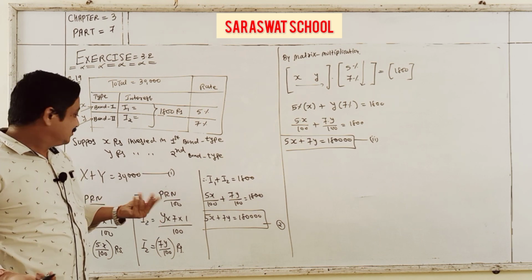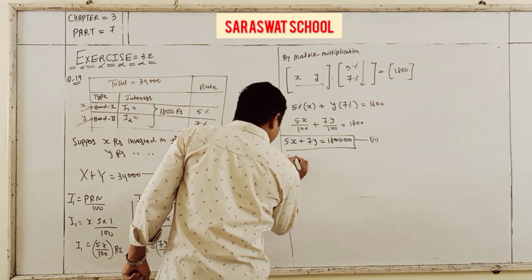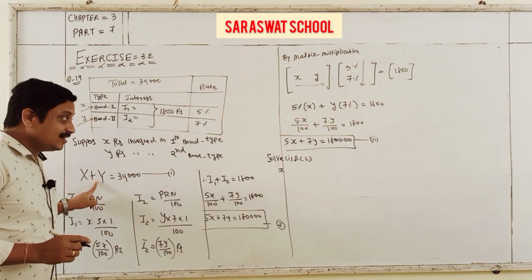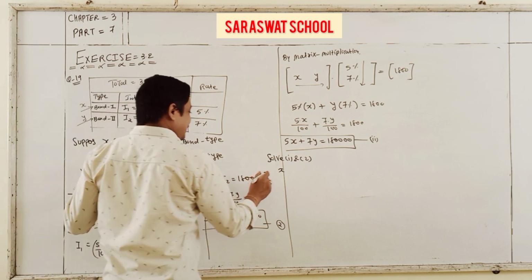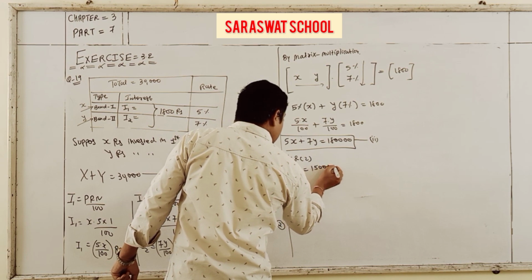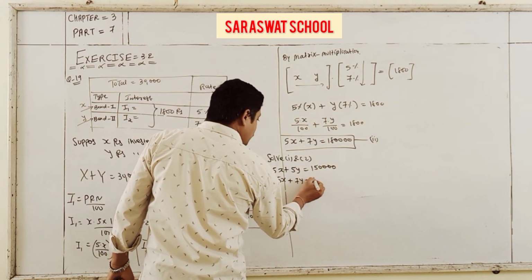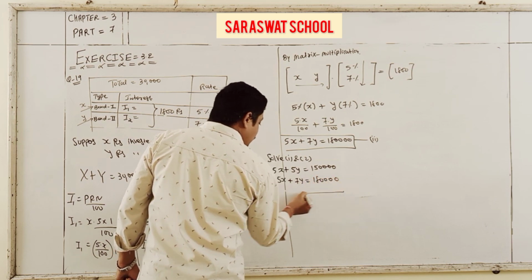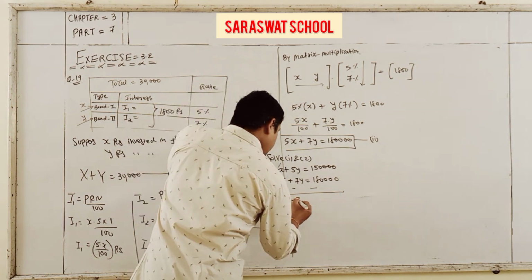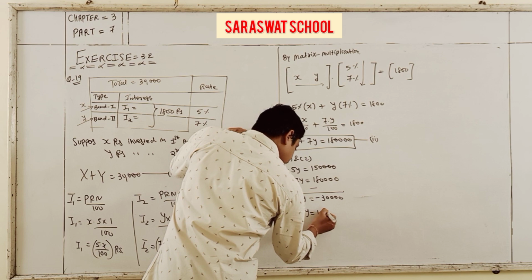Solve 1 and 2, because one equation is known. My first equation is x plus y equals 30,000. Multiply by 5: 5x plus 5y equals 150000, that is 15 with four zeros behind. And 5x plus 7y equals 180000. Subtracting, 5x cancels, minus 2y equals minus 30,000. So y gets 15,000.